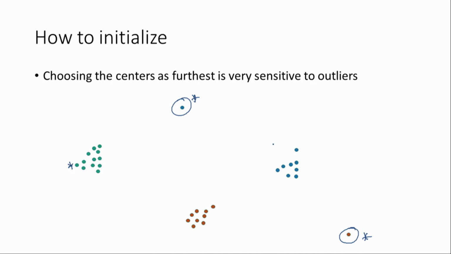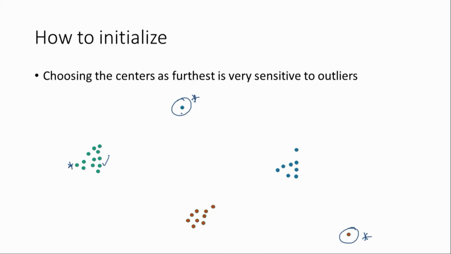Whereas, because outliers are by definition a small number of points, if you choose points uniformly at random, you're less likely to choose outliers. Because there are only 2 outliers in here, I might not even touch them.